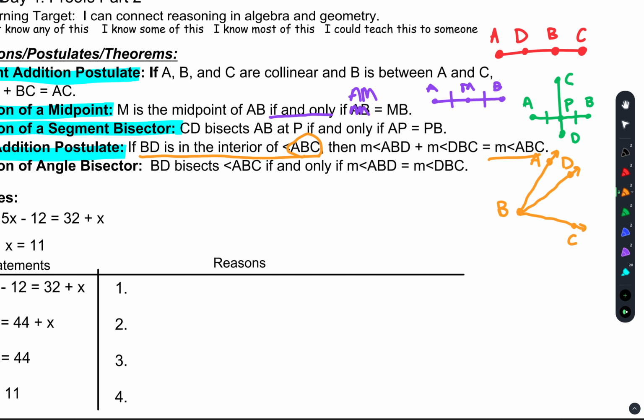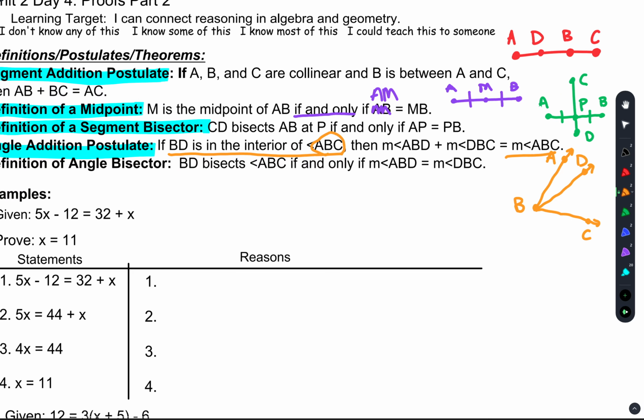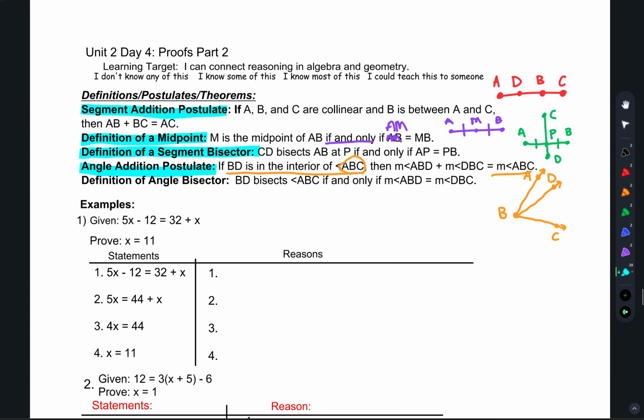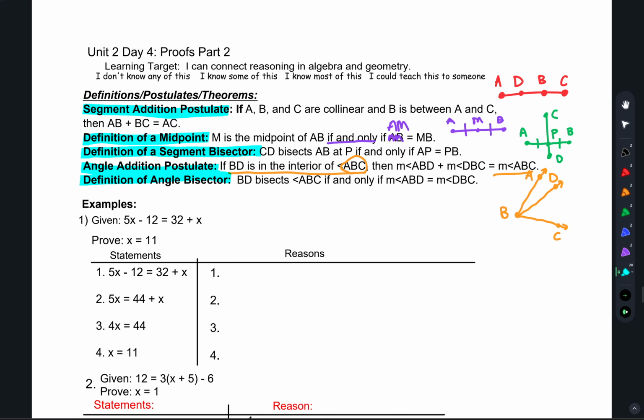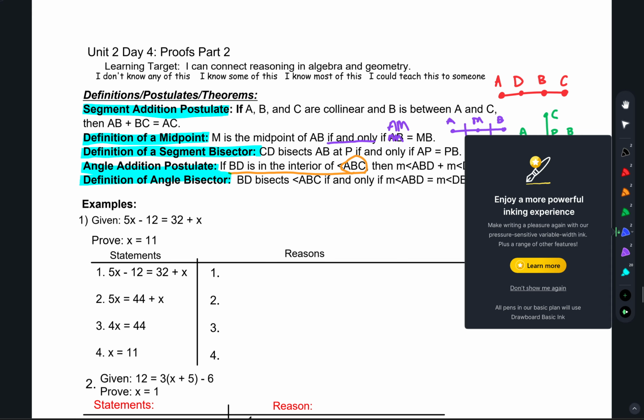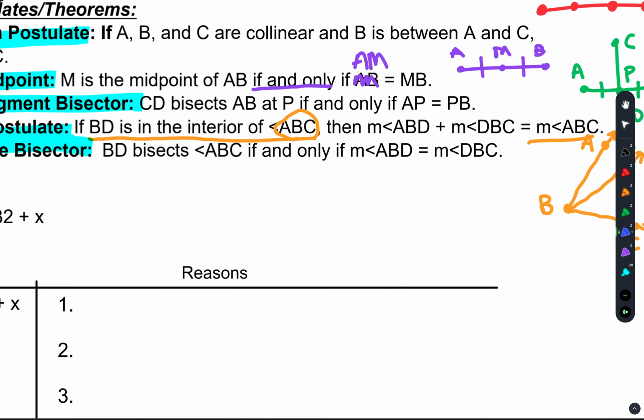I could do that with more than one angle too if I wanted to, but for the most part, you'll see it with 2. And then the last definition that we're going to add in here is the definition of an angle bisector, very similar to the definition of a segment bisector, except with angles.